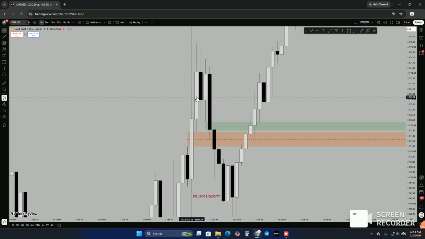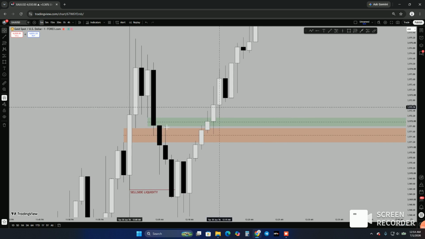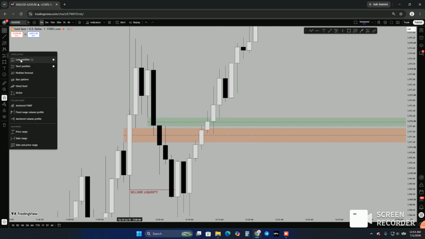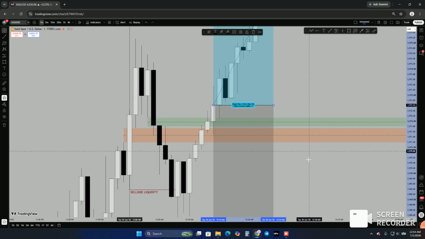Here will be another gap or something else. But when I saw the body close above this gap high, then I would like to take a buy position from here. Body close up, my entry.